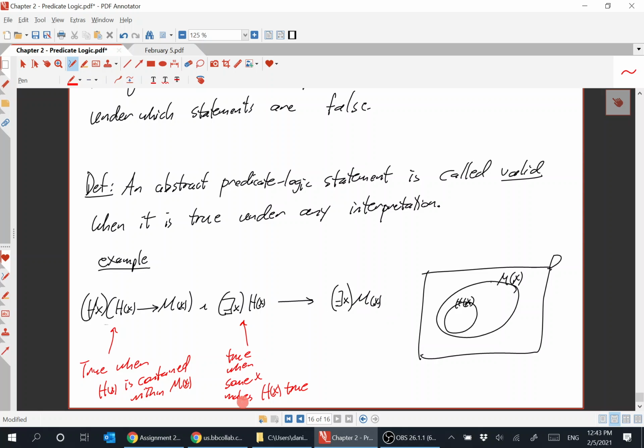And then because that thing that made H of X true is contained within M of X, that same X that satisfies H of X also satisfies M of X.